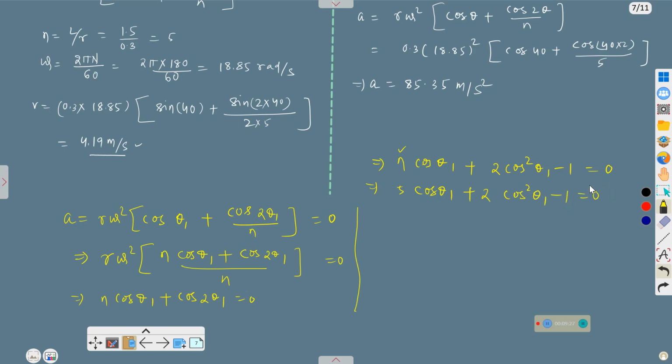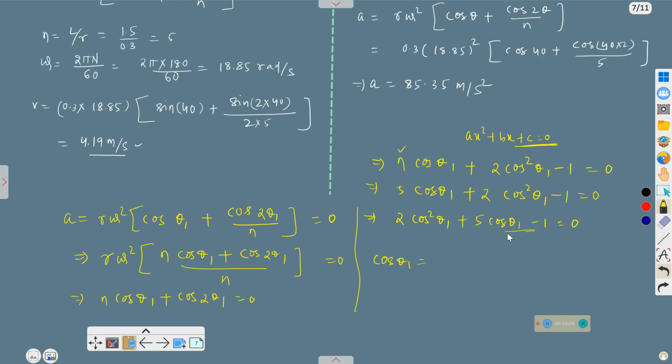Okay, so this is a quadratic equation we got, and after solving it, we'll be able to find the value of cos theta 1. Rearranging this equation, I can write it down like this: 2 cos square theta 1 plus 5 cos theta 1 minus 1 equal to 0. This is of the form a x square plus b x plus c equal to 0, a quadratic equation.